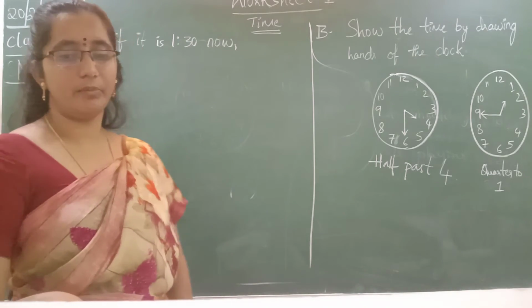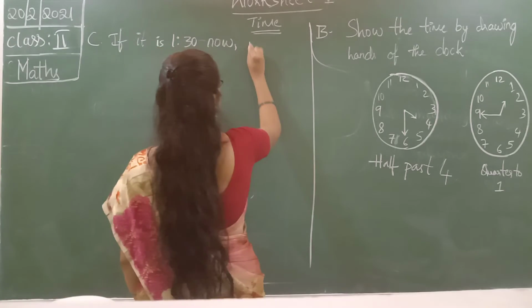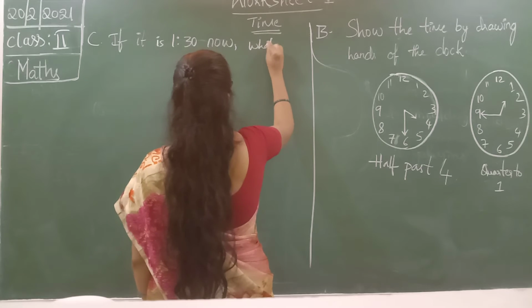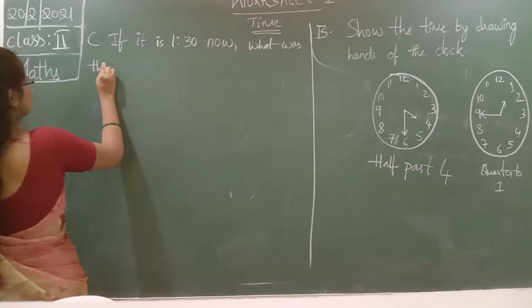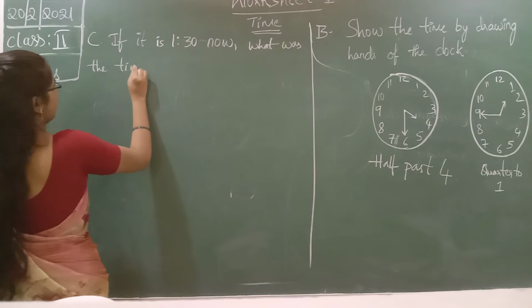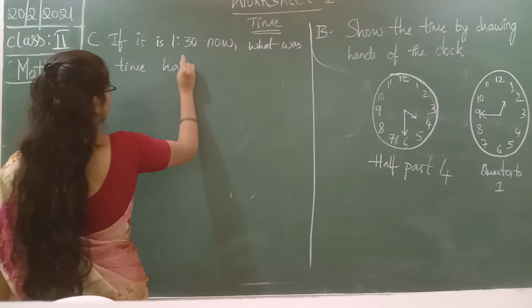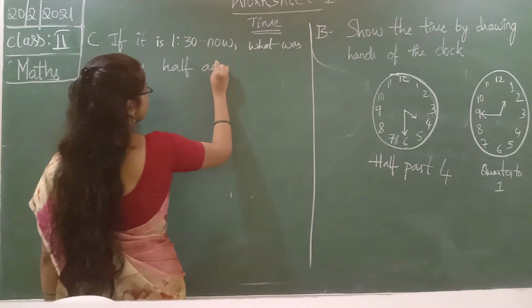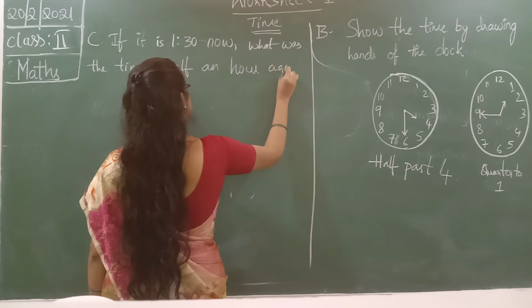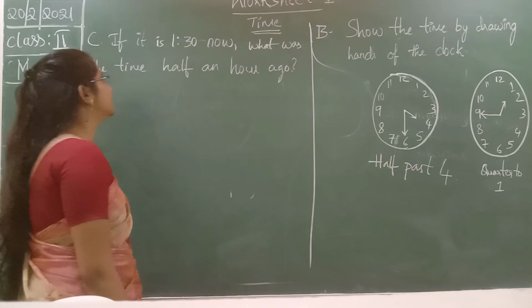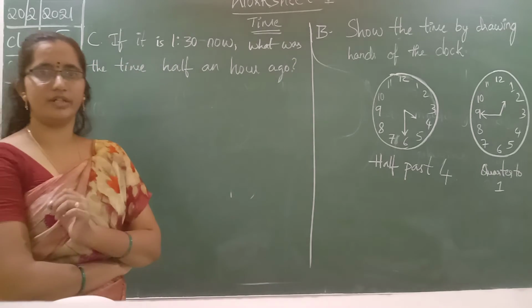what was the time half an hour ago? See here, they gave the time 1:30. Now it is 1:30.